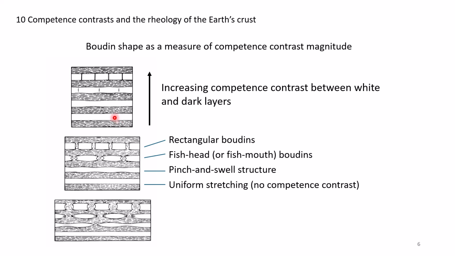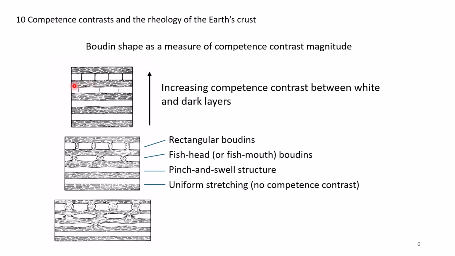And let's assume the competence contrast between the gray and the white layers increases from bottom to top. This means the layer here on top is the most competent of all of them, and the layer here on the bottom has the same low competence as the gray layers that host these more competent layers.